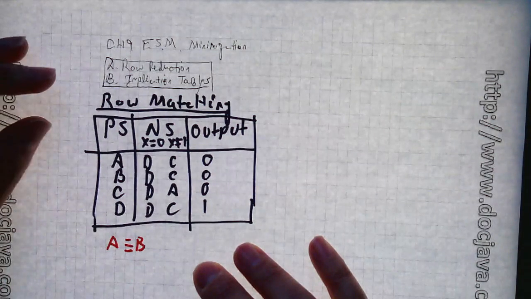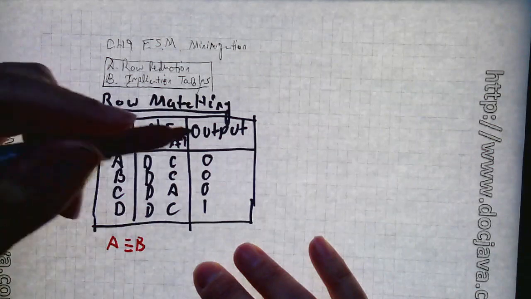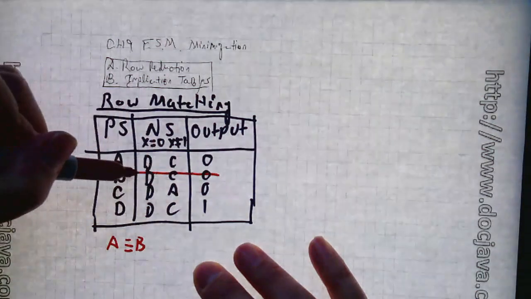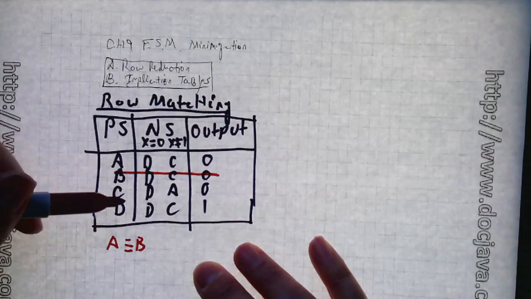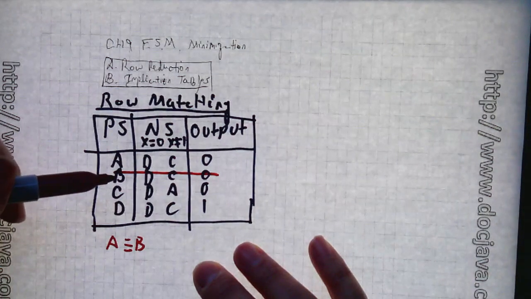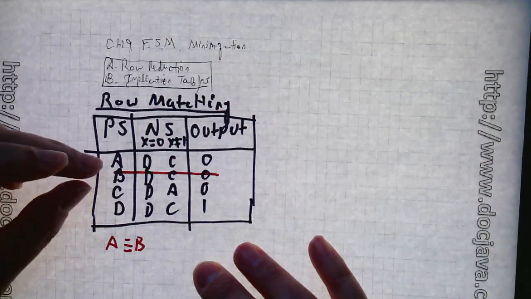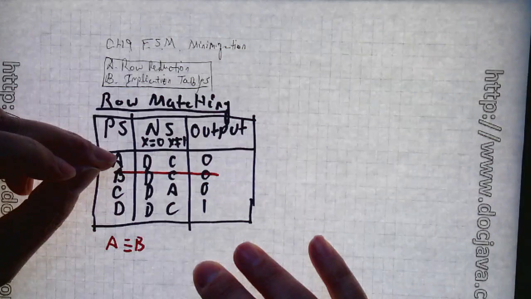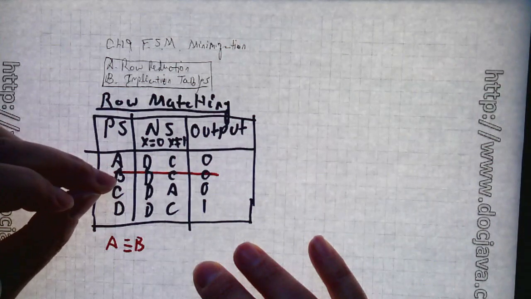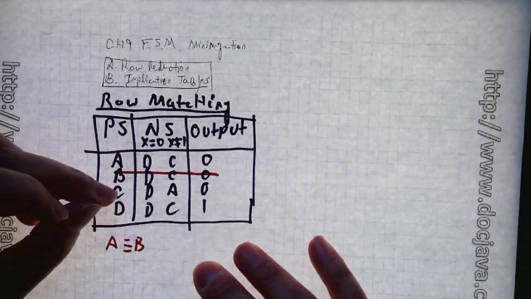I can get equivalent behavior from the overall finite state machine by crossing out B, and anywhere I see a B, I substitute A. But I don't see B in here anywhere, so it seems like a dead state. I don't need it. So now I can compare A to C. Doesn't seem like A is equal to C. Well, let's see now.